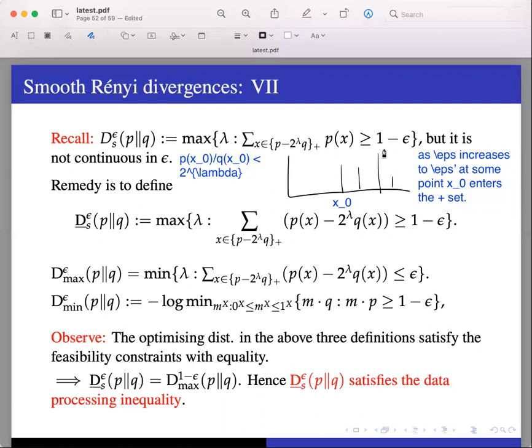I increased epsilon to epsilon prime, so 1 minus epsilon prime is a lower threshold. So I can afford at some point to add one more point x naught into it. But the moment I add x naught, the smallest ratio will now be determined by x naught. So now, let me write that.